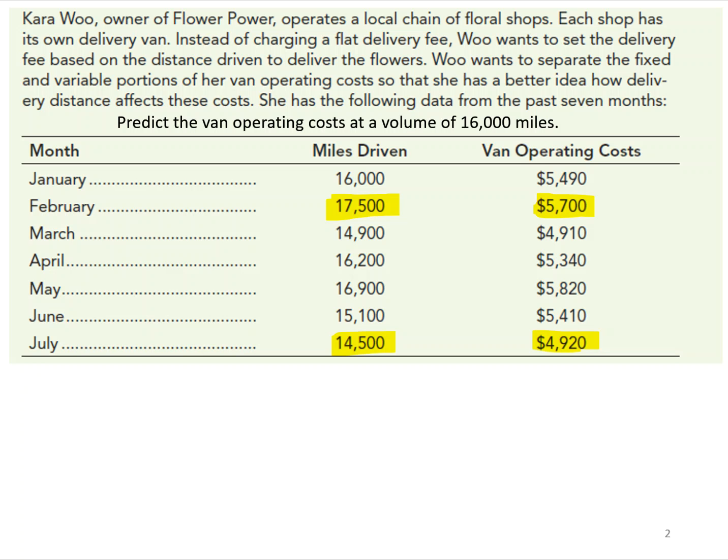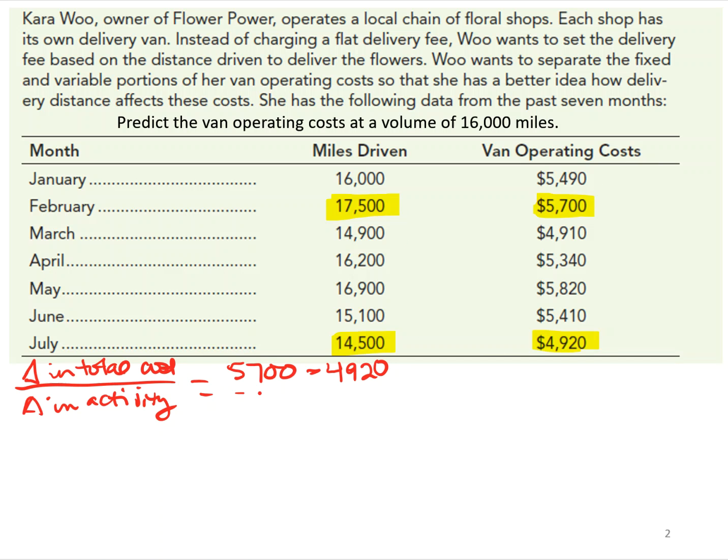And the variable cost per unit, if you recall, takes the change in total cost divided by the change in activity level. Or the change in volume would be another way we could say that. So change in total cost. The change in total cost will be the difference here between the 5,700 cost at the high level of activity and the 4,920 at the low level of activity.